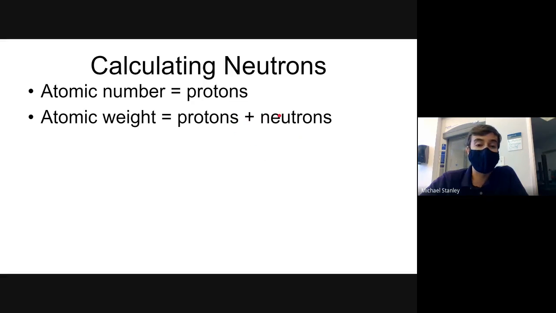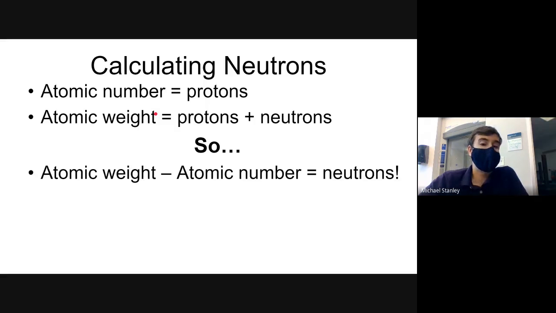If our protons are the same thing as our atomic number, and the protons and neutrons together tell us the atomic weight, then if we take the atomic weight and take away the number of protons, which is our atomic number, we can figure out our number of neutrons, right?